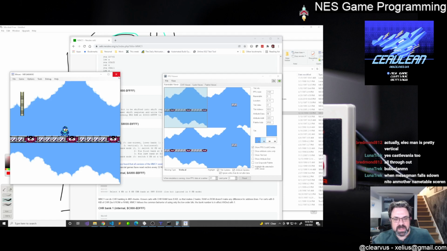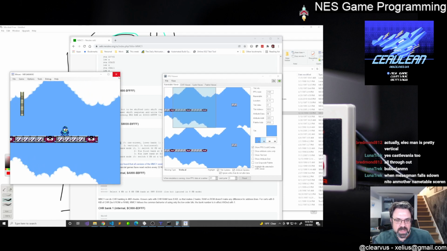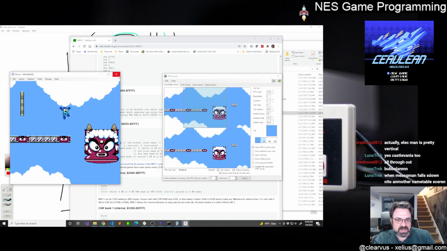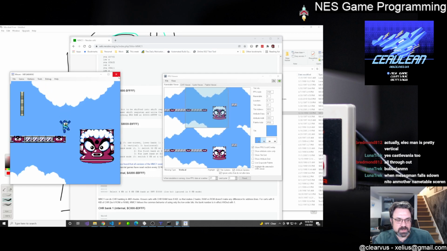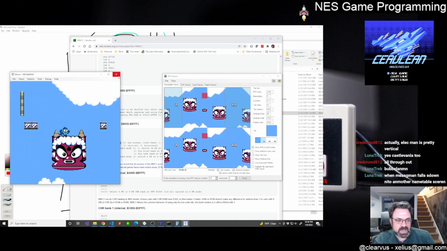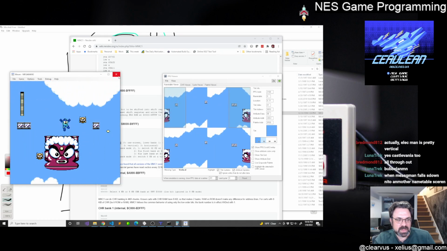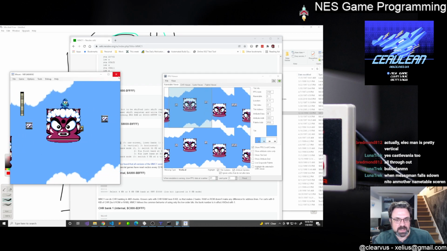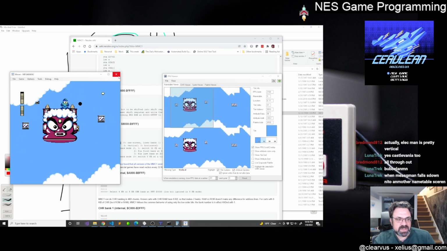But the concept is the same, right? As we're moving, it's got the level loaded. It's loading some stuff into the name table to show that bad guy thing, whatever the heck that is. And as the window is progressing, on the name table, it's updating more and more of the background.